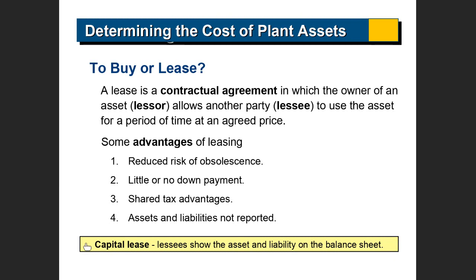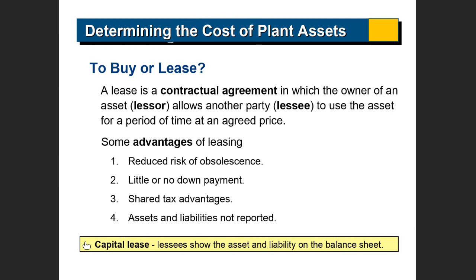There is, however, one type of lease that is called capital lease. And there are certain conditions of capital lease. What we talked about before this is called operating lease, when you just pay the rent and you don't have to deal with putting it on the balance sheet or depreciating or doing any of that.